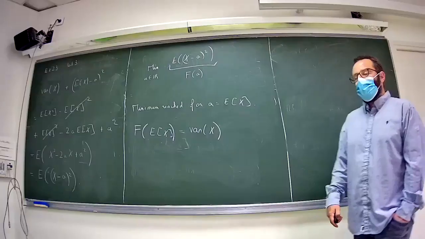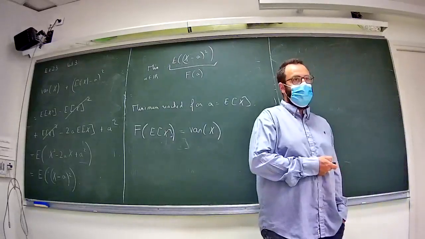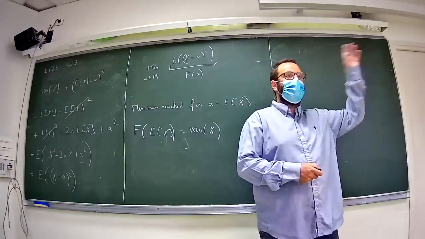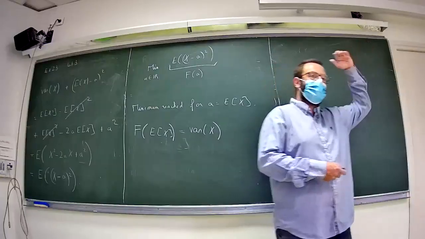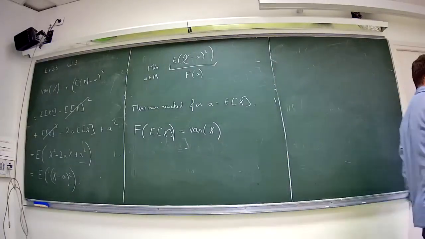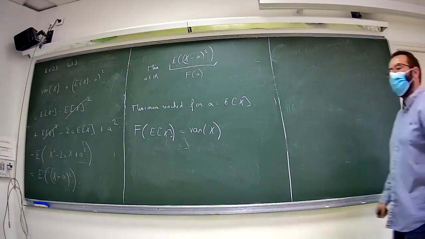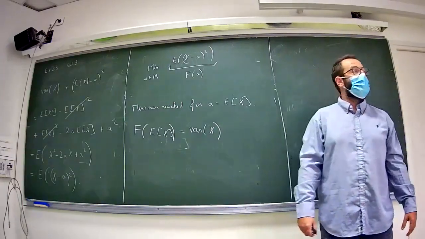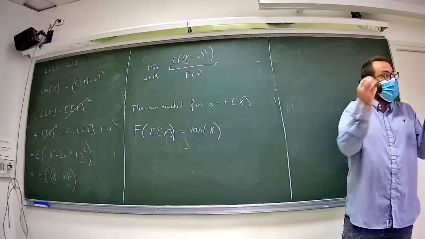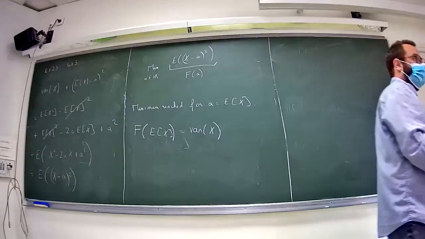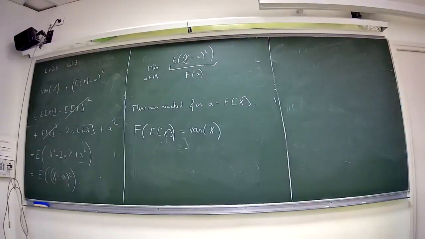Okay? So if I take my interpretation in terms of distance, if I want to minimize this term here, it's like minimizing the distance between X and a number. In other words, I want the best approximation of capital X by a constant. The one that approximates the best capital X. The one with a distance that is minimal, let's say. The nearest, if you want. Okay?